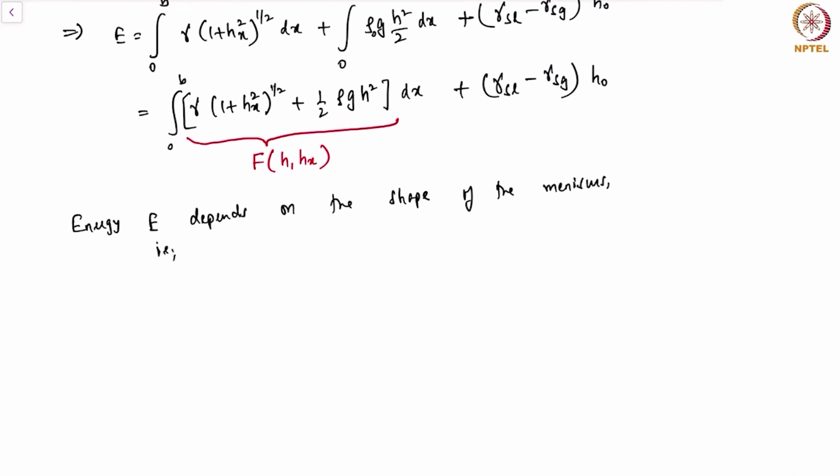That is the function h of x. It depends on this function h of x. So what we are really doing is we have a quantity called an energy, which itself is a function of another function, right?